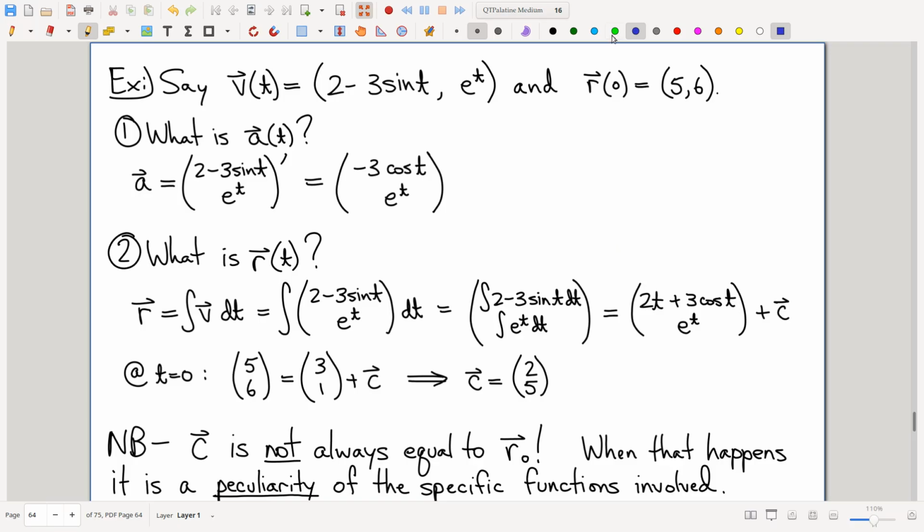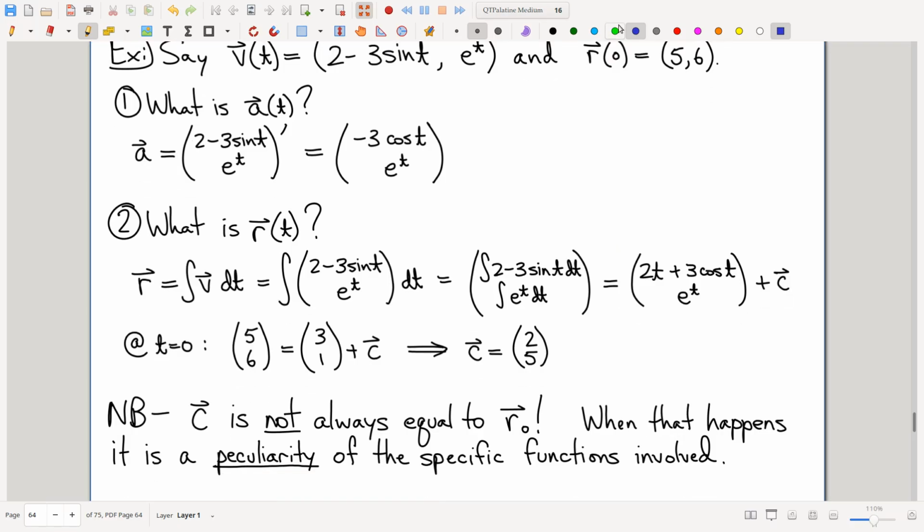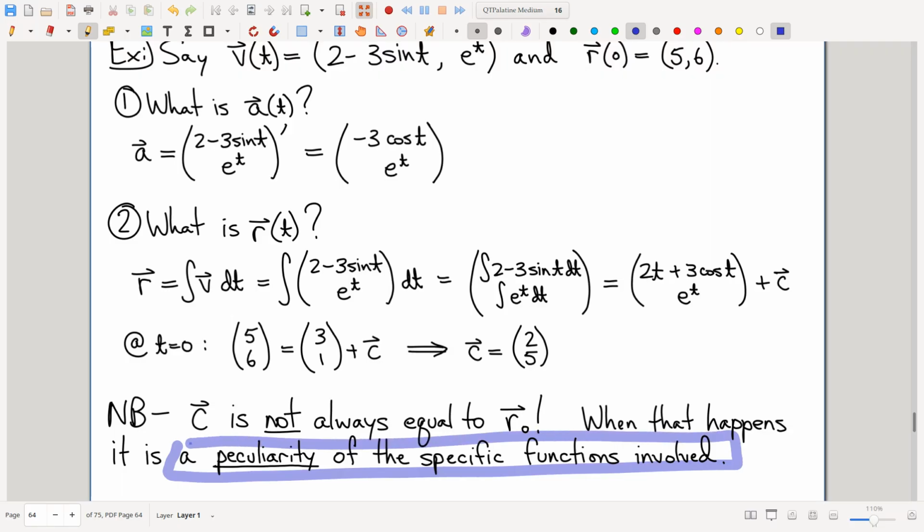The reason is there's a large category of functions, polynomials, that have a peculiarity. The peculiarity is that for a polynomial, if what you start with is a polynomial, that expression will have a factor of t in every term, and this will, in that special case, always be 0.